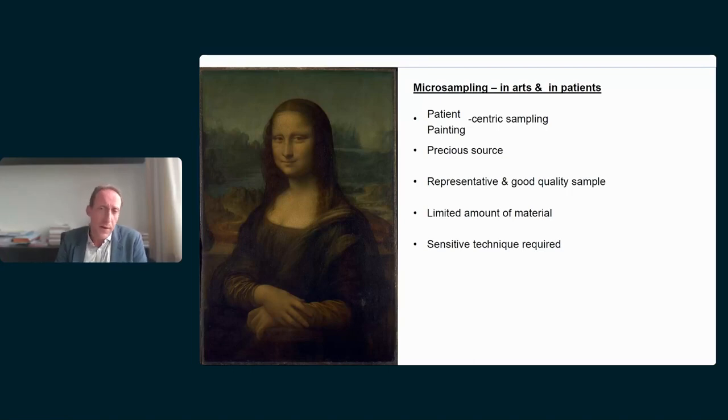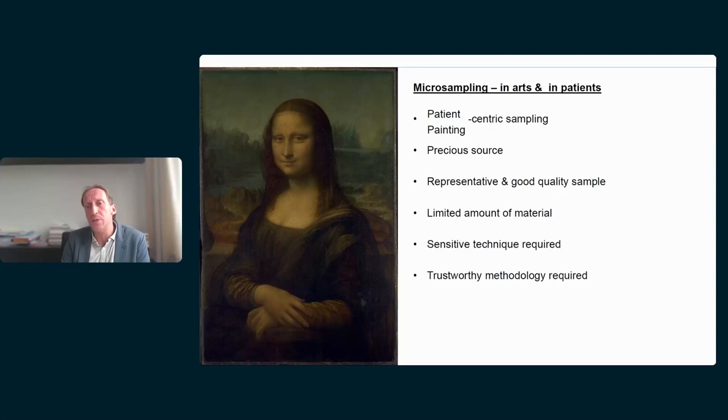Think about these sub-picogram amounts of material which I was just referring to. So, in a sense, these advancements in analytical techniques have really made it possible to move the field forward from the conventional newborn screening field, where high analyte concentrations were present, to newer fields. Think about therapeutic drug monitoring, biomarker monitoring, where much lower analyte concentrations are present.